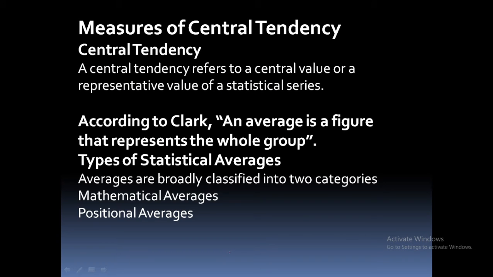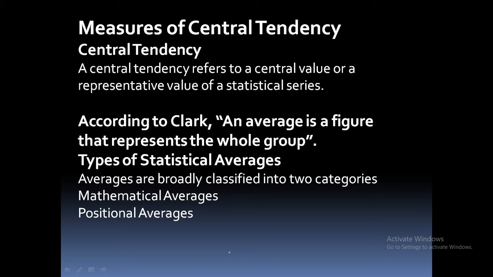Now, I am going to discuss measures of central tendency. What do you mean by central tendency? A central tendency means a central value or a representative value of a statistical series.